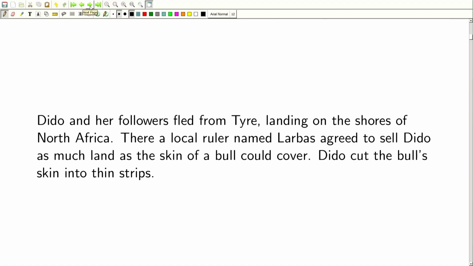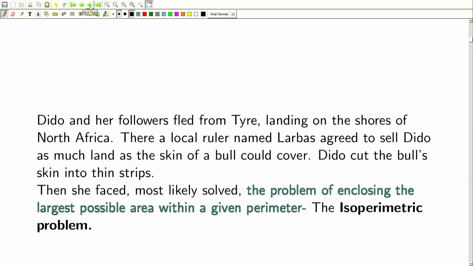What she did is that she cut the skin of the bull into very thin strips, like thread. Then she faced, and most likely solved, the problem of enclosing the largest possible area within a given perimeter, because when you take the thin strip, you are fixing the perimeter.